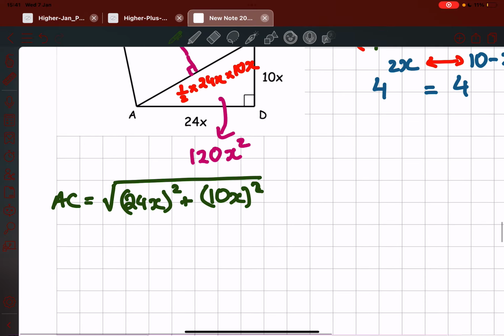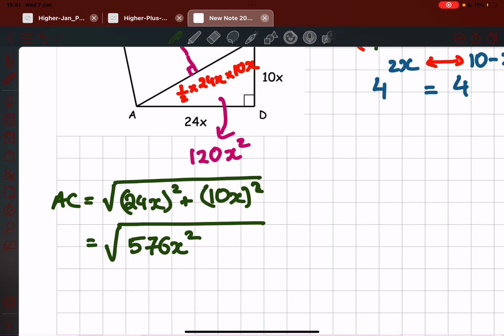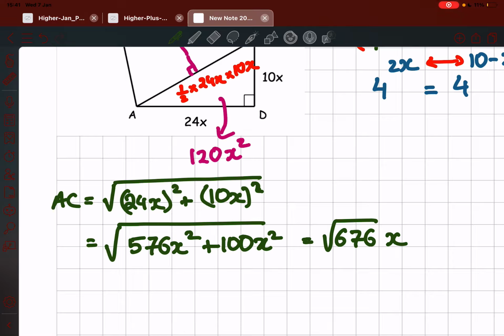That should give us the square root of 576x squared plus 100x squared, which is the square root of 676x squared, but you can square root the x, so it's 676x.